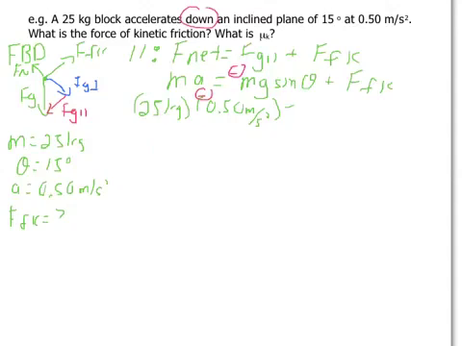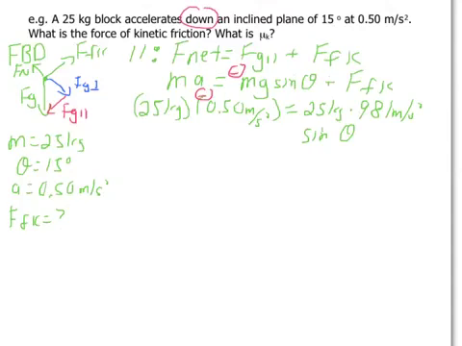Continuing with our substitution, equals mass, 25 kilograms, times 9.81 meters per second squared, times the sine of 15 degrees, plus Ffk. And I forgot to carry over the negative sign right here.